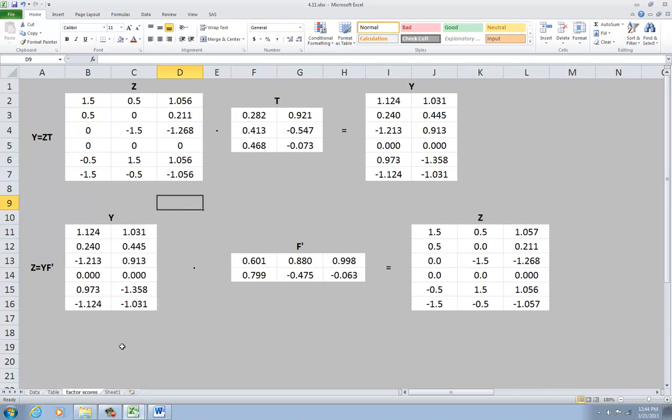So this should be 1.5 and this should be negative 0.5, and now we see that it's completely reversible and we get the correct values. So there you go. That is a demonstration of factor analysis and factor scores for simplest case data with a rank of 2. Hope you have a good day.